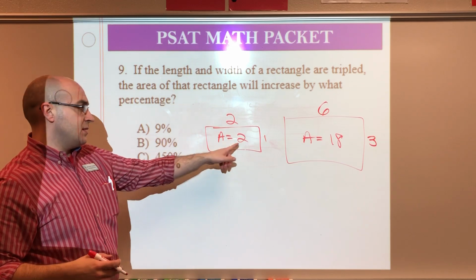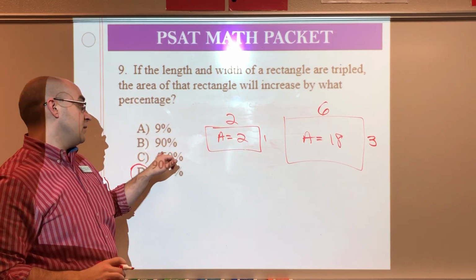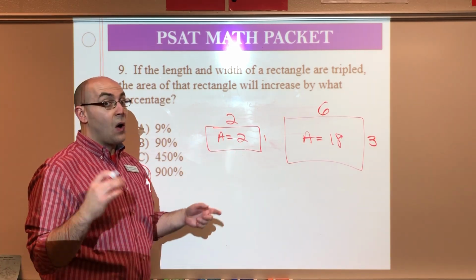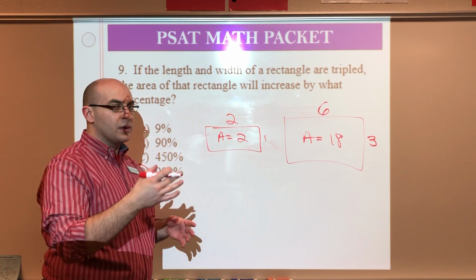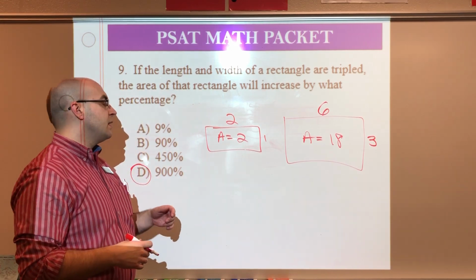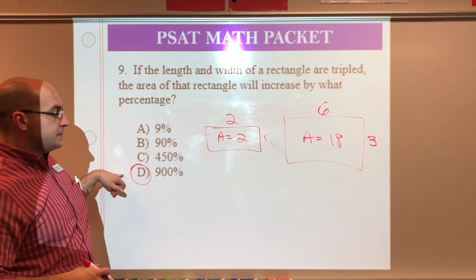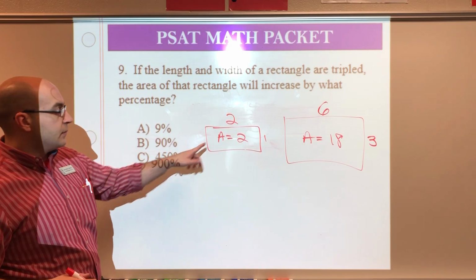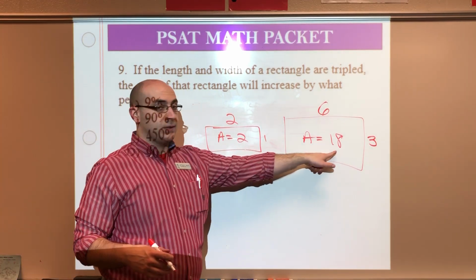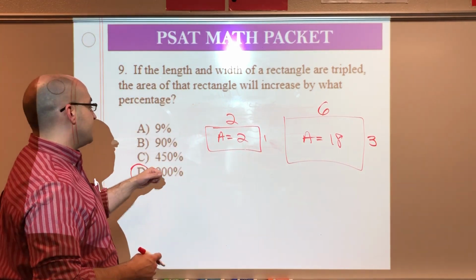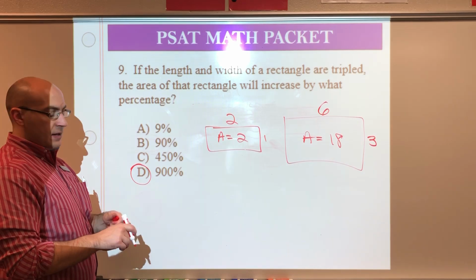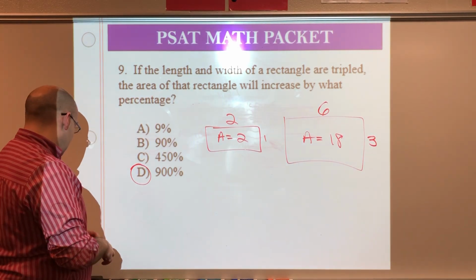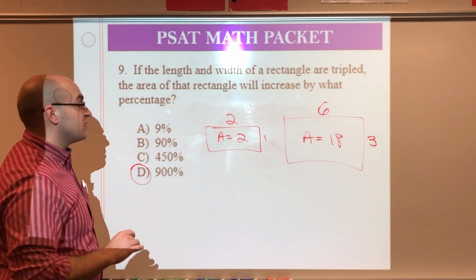If I do 9%, this number is going to go up by a very small amount. If I do 90%, this number is going to go up by almost 2 full points to 4, but just a little less. It'll be like 3.8 or something. So I have to have a number in the hundreds if I'm going to make a big jump from 2 all the way to 18. Okay? So it has to be 900%. And you can figure that out too by dividing these two numbers, but we're not going to get into that too much because we want to save some time.